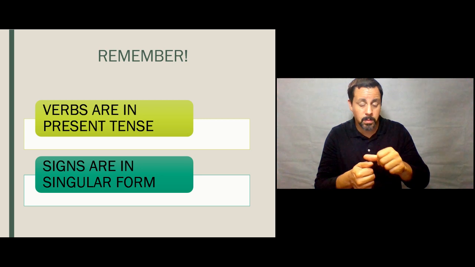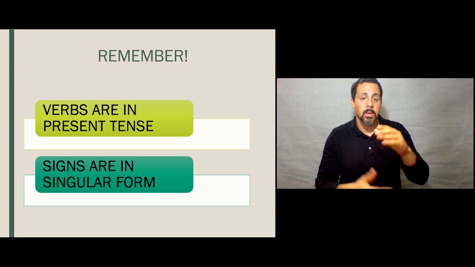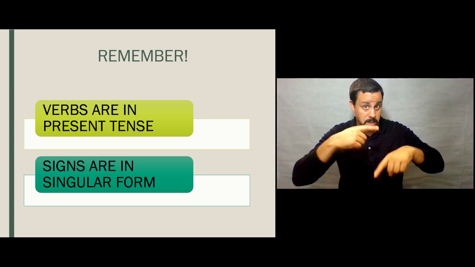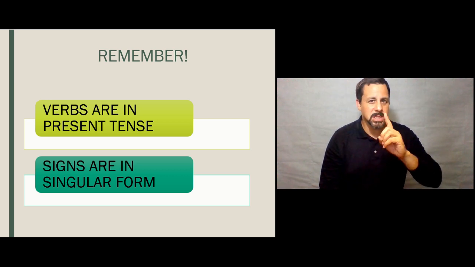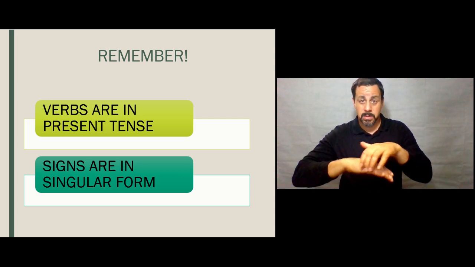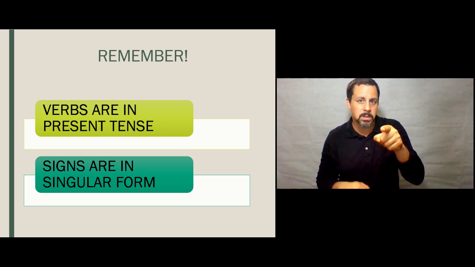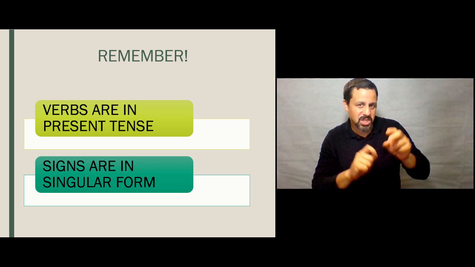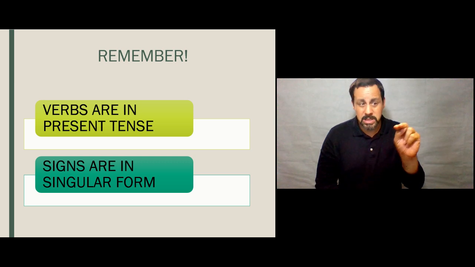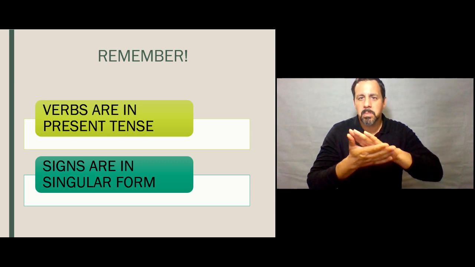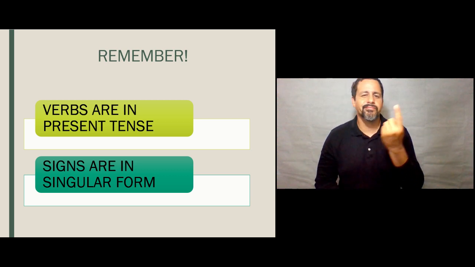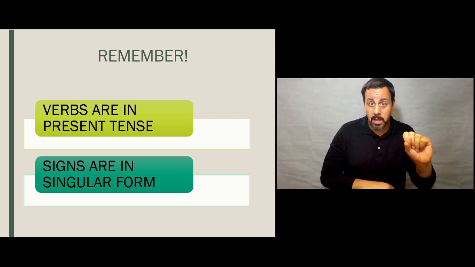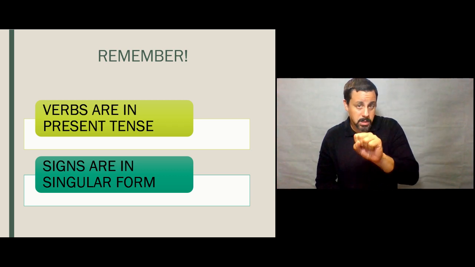Another thing that I want you to remember is that all signs in ASL are in singular form. All nouns in ASL are in singular form. In the English language, if you want to change a noun from singular to plural, all you have to do is add an S or an ES.